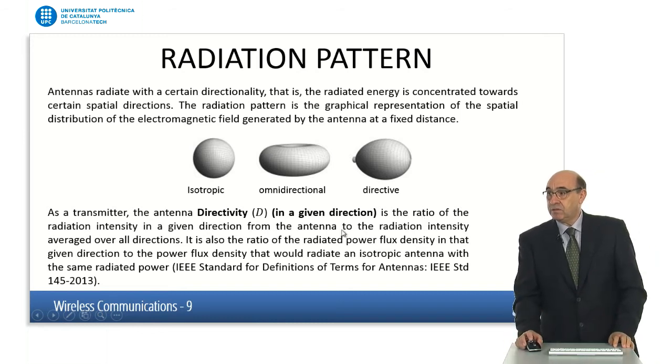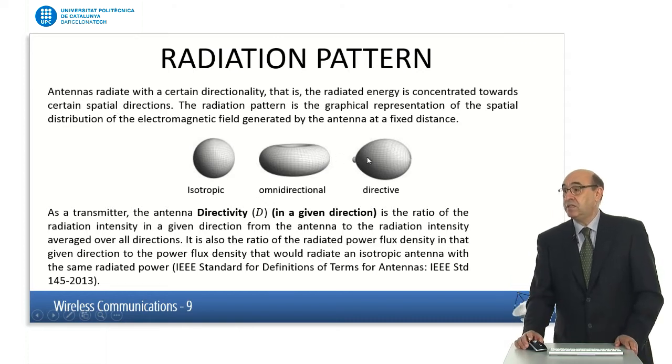For instance, in this case, the directivity in this direction will be the radiation intensity in this direction divided by the value if it were just equally sent to space, which is this one. So if you compare this value with this one, this gives you the directivity in this direction, which here is maximum, but in this direction is 0 because you are not radiating.